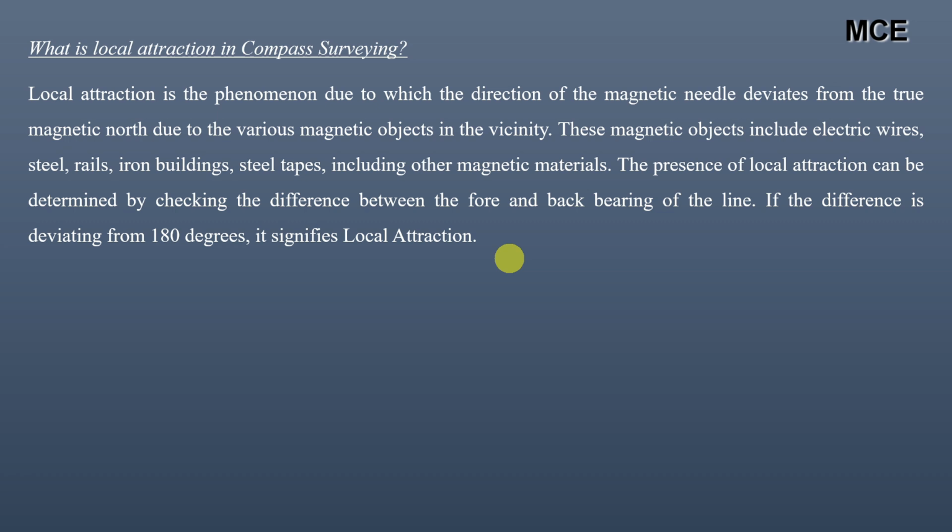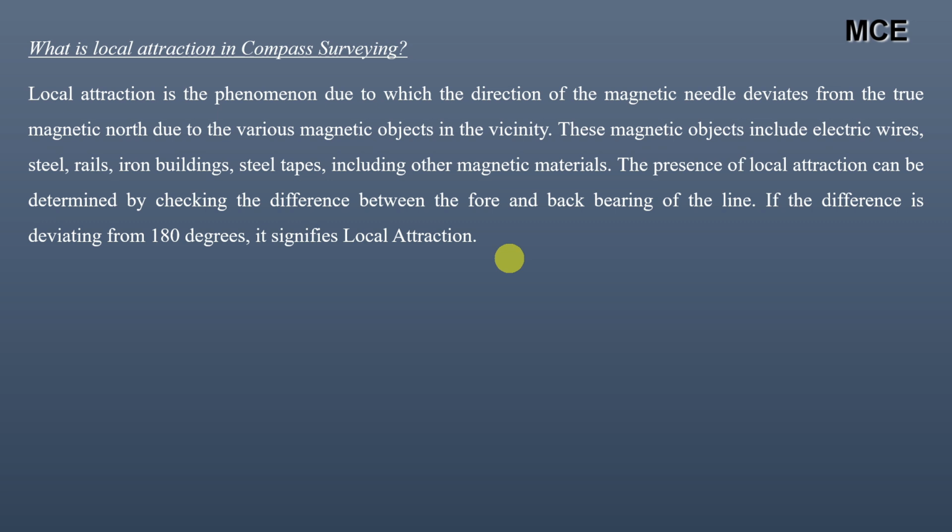These magnetic objects can include electric wires, steel rails, iron buildings, and other magnetic material. The presence of local attraction can be determined by checking the difference between the fore and the back bearing of the line. If the difference deviates from 180 degrees, it signifies that local attraction is present in the field.